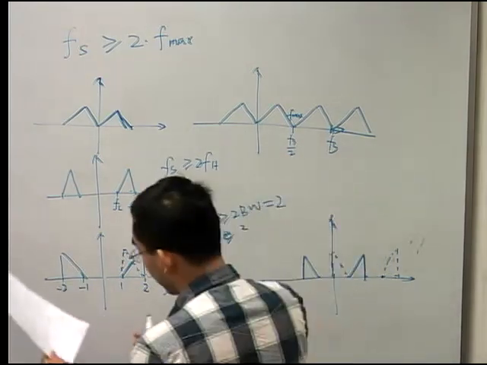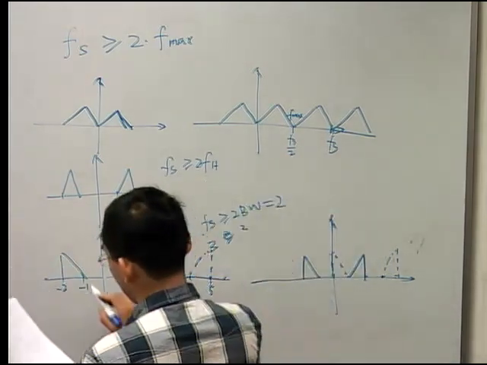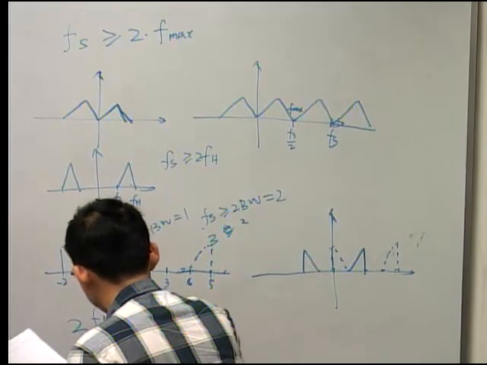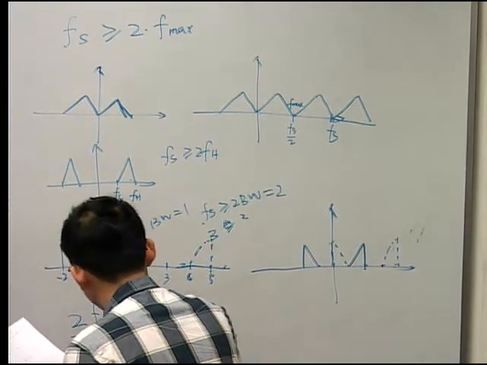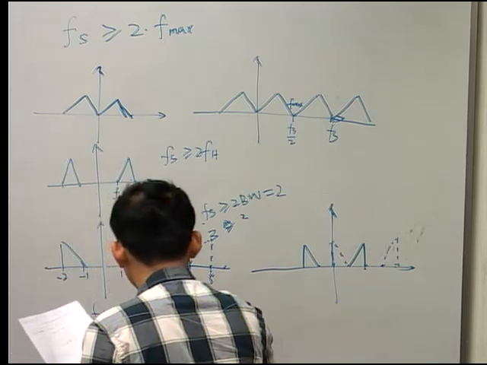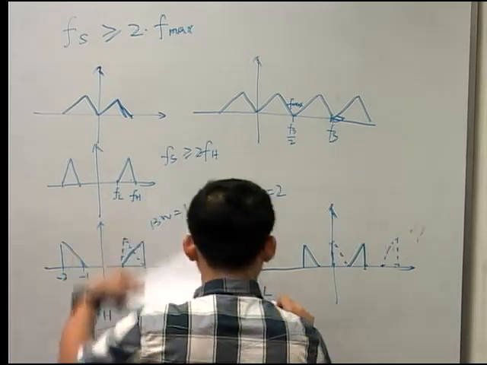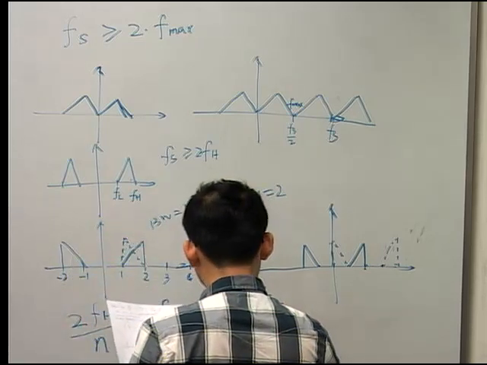So I don't derive this one, but the formula is something like this. 2fh over n should be less than fs, should be less than 2fl over n minus 1.